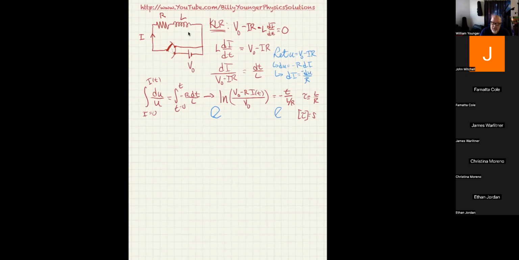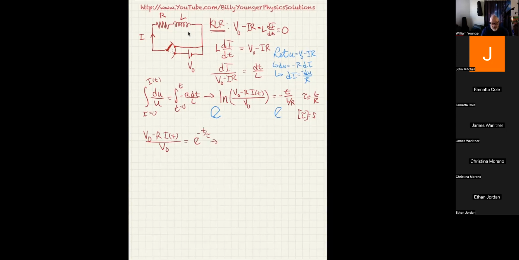So that's going to give me V0 minus R times I of t over V0 is now equal to e to the negative t over tau, which is a little easier way of writing it.